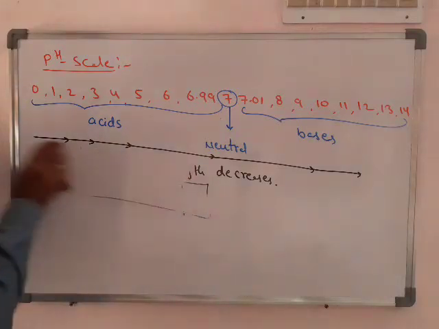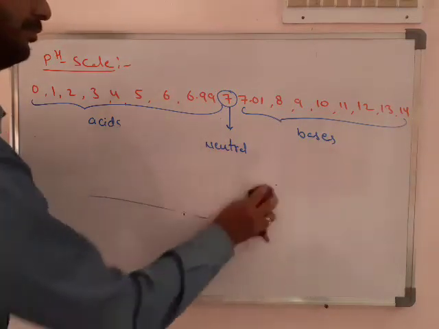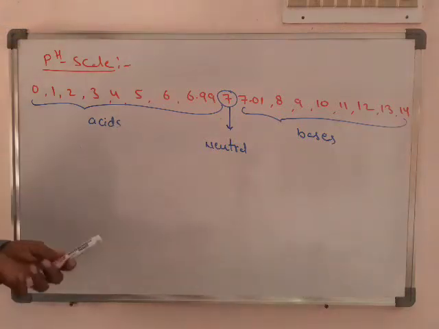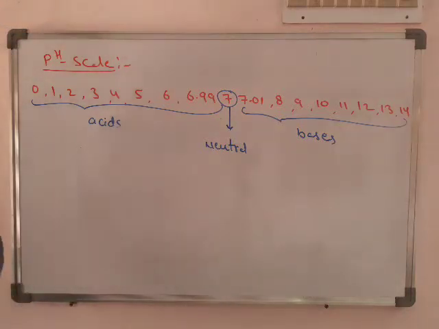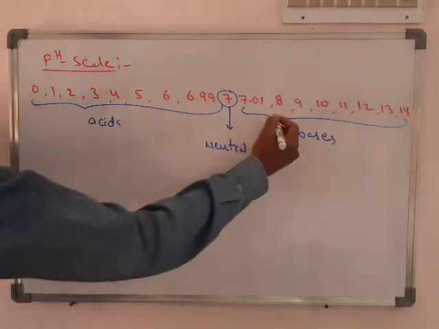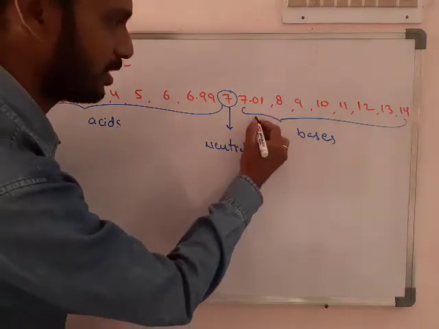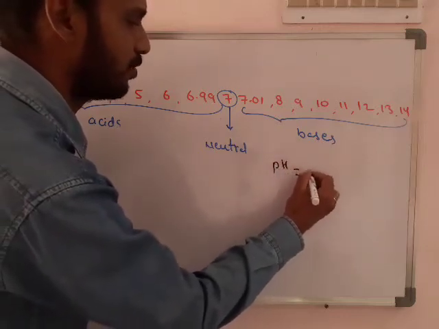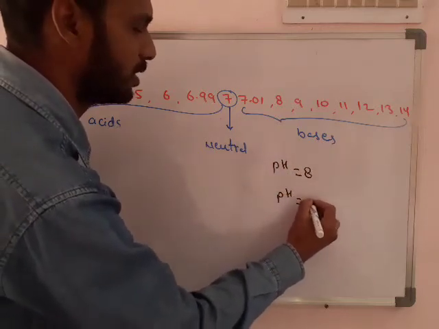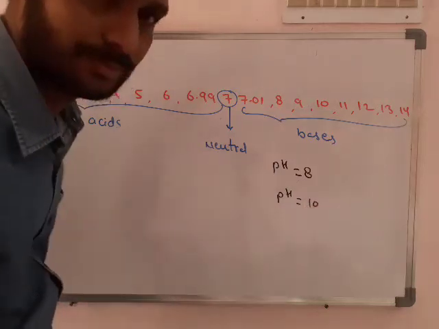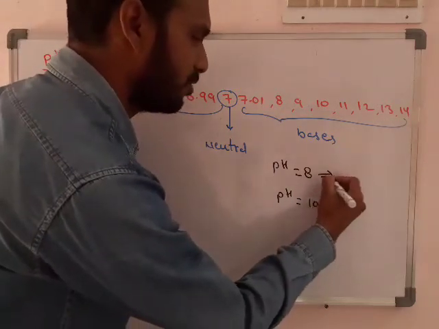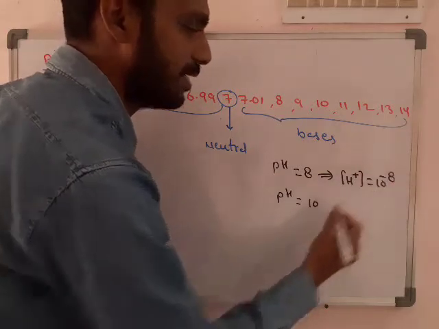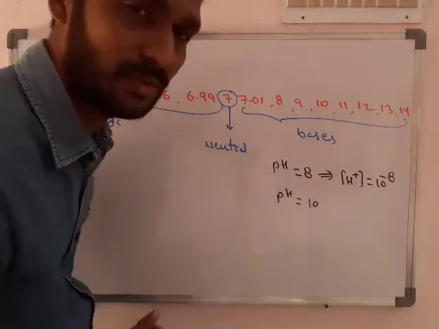Now compare this for bases. Take case 2: compare two basic solutions with pH equal 8 and pH equal 10. When H plus is 10 to the power of minus 8, we get pH equal 8.